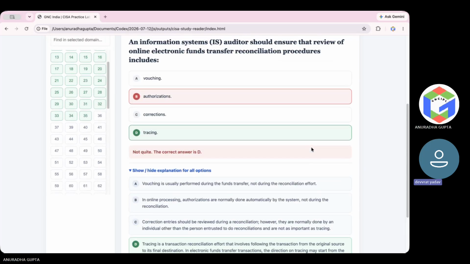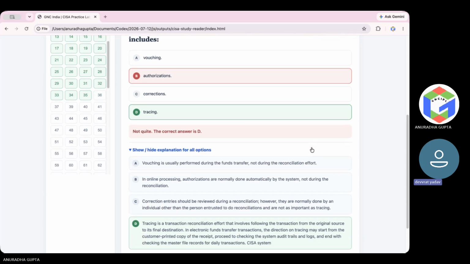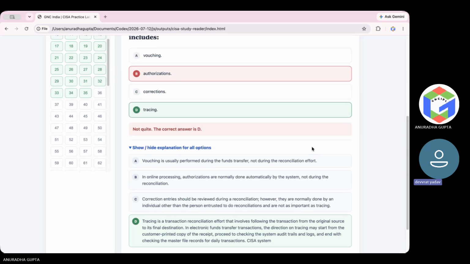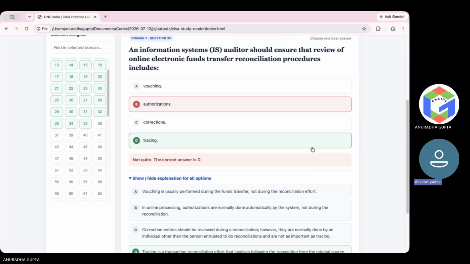So the auditor needs to ensure that the review of the online fund transfer reconciliation procedure includes this. This is the entire step-by-step tracing of the reconciliation when it comes to fund transfer.